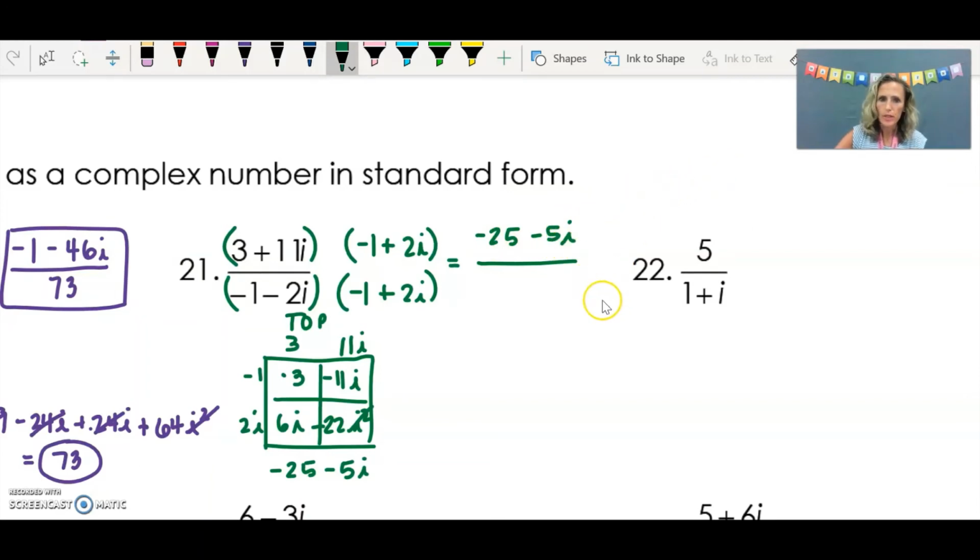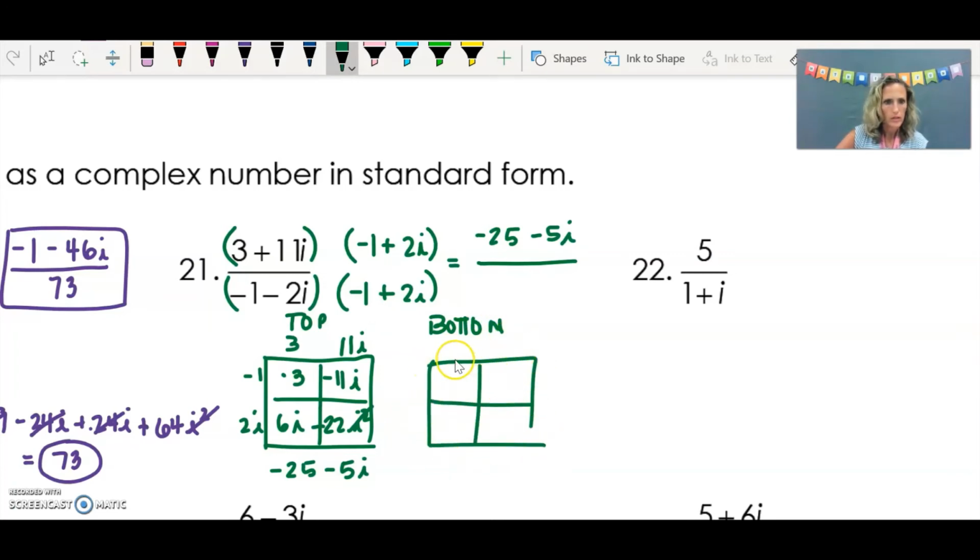Now I'm ready to work on the bottom. So bottom, make my box. So I've got -1 minus 2i, -1, and positive 2i. -1 times -1 is 1. -1 times -2i is positive 2i. 2i times -1 is -2i.